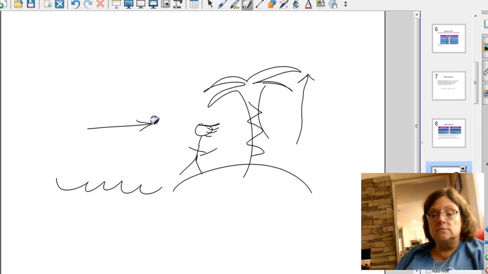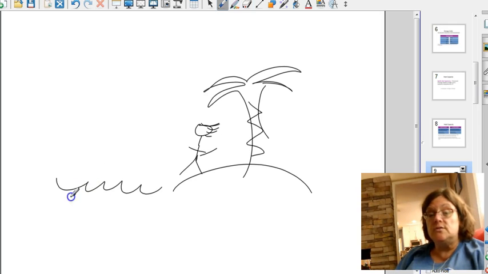At sundown, the water has been heating all day. It has a very high heat capacity, so it's going to cool off very slowly. Now the water is warm, but the land has cooled off. So the water is warmer than the land, and it's going to be heating the air around it more than the land, and the air is going to blow out to the ocean.